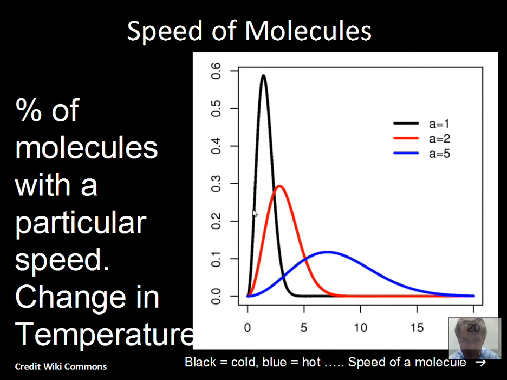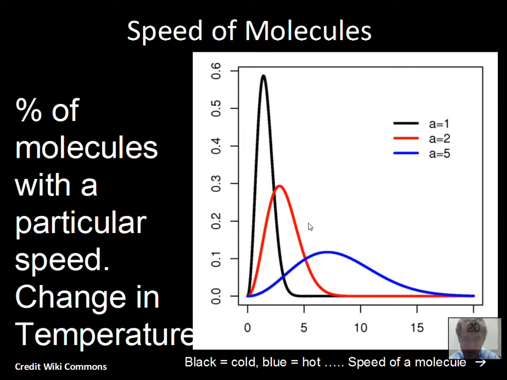If we plot here, the black line is really cold, the blue is really hot, and the red is in between. What we observe is the speed of the molecules on this horizontal scale increases as the temperature goes up. That's probably not too surprising. High temperature you probably associate with more energy, and that is the case.